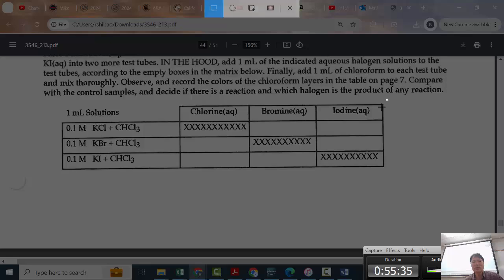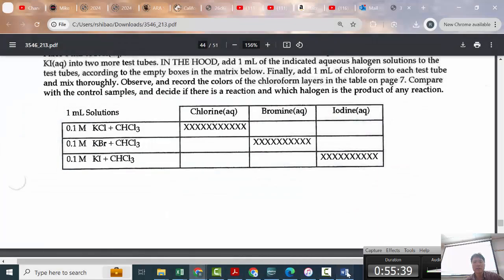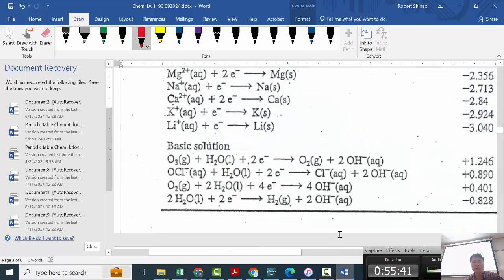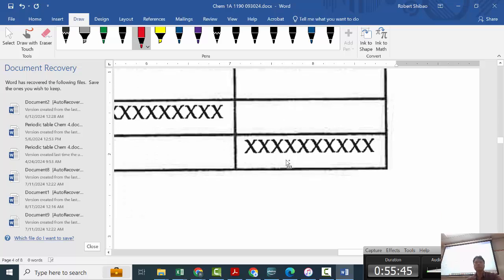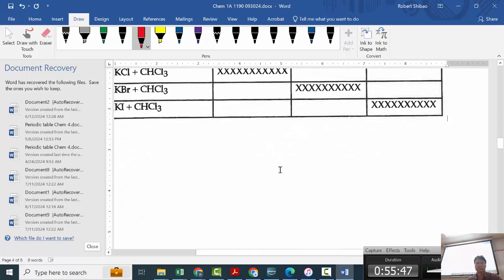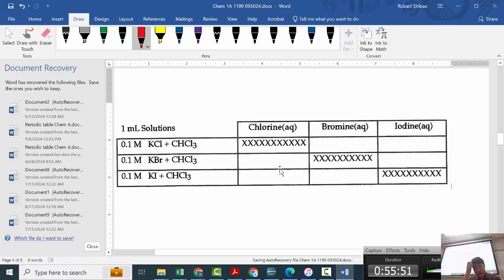Don't put in too much chloroform because the colors don't come out as nice. The less chloroform you use, the nicer colors you're going to get in this particular experiment. So let me do one with a reaction here. I'm going to do potassium iodide.